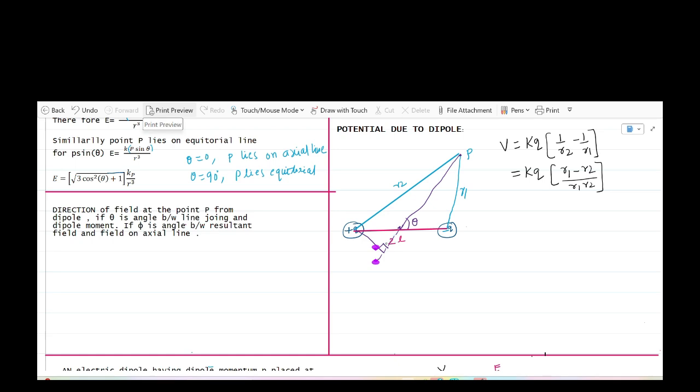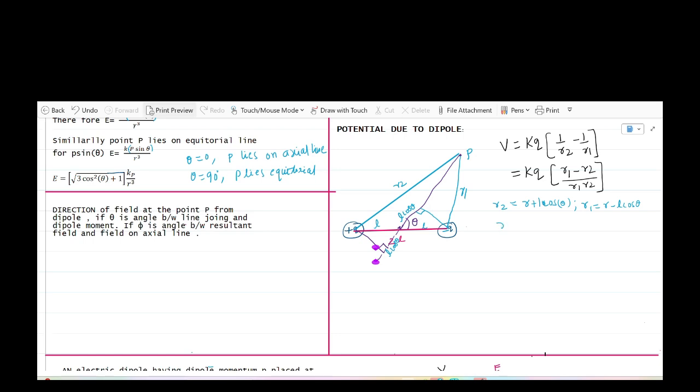Now this length will become L cos theta, since L is the hypotenuse and here also one L. Similarly, draw a perpendicular from R to the R1 line. Now this distance also becomes L cos theta. That means, from the diagram, R2 is equal to R plus L cos theta. Similarly, R1 is equal to R minus L cos theta.